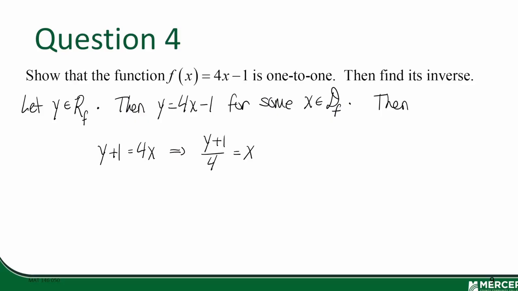All right. What that tells us is I can now give you an output value. So there's 4x minus 1. That's your function. I go, okay, what value maps to 6? 6 plus 1 over 4. f of 7/4 is 6.